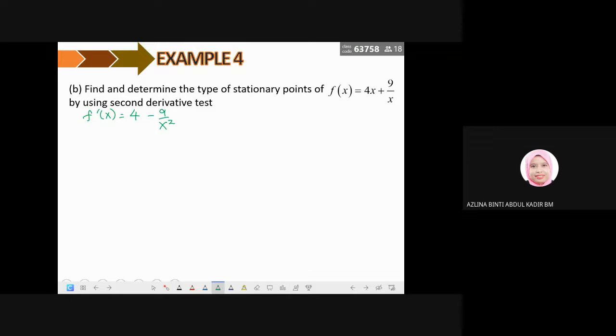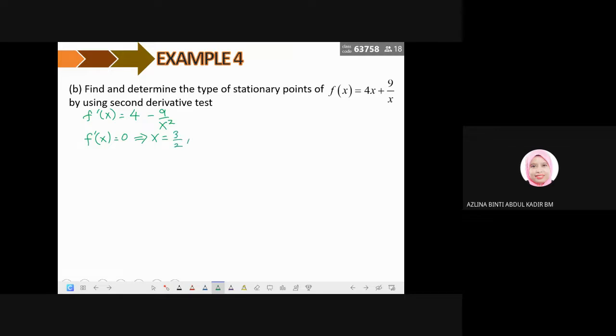Okay, then nak cari, sekejap. Kita cari point dulu. Find ini example, sama example 3. So bila f prime x is equals to 0, awak akan dapat x is equals to, recall balik, x is equals to plus minus 3 over 2.